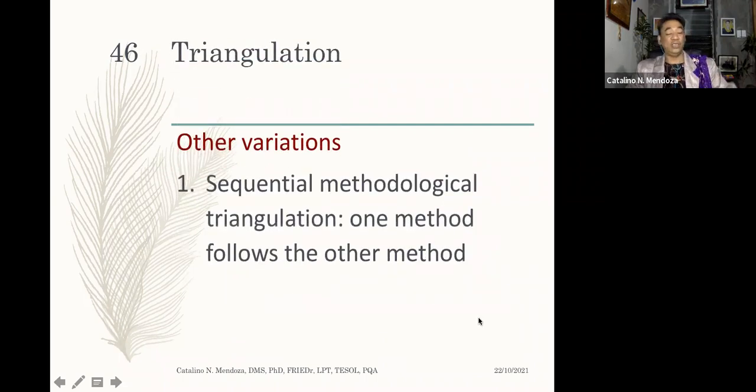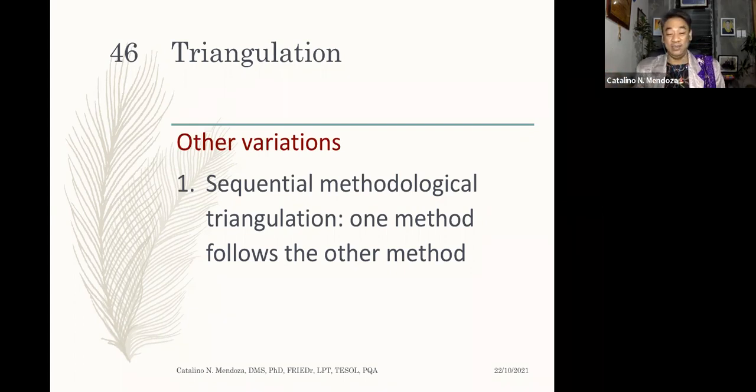Other variations: sequential methodological triangulation. One method follows the other method. Let's say, for example, phenomenological and historical, so what is existing and what has been written.